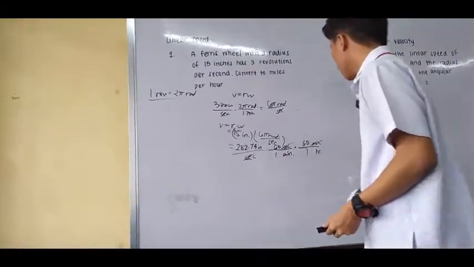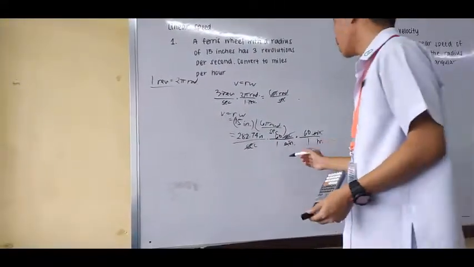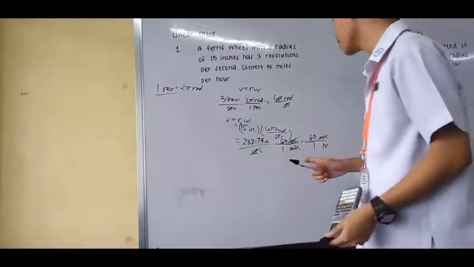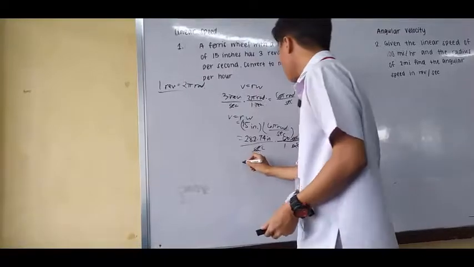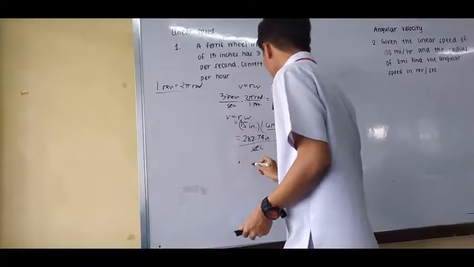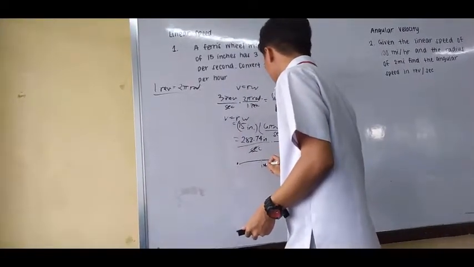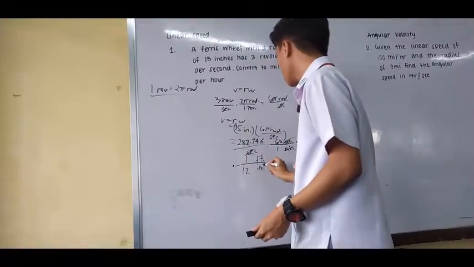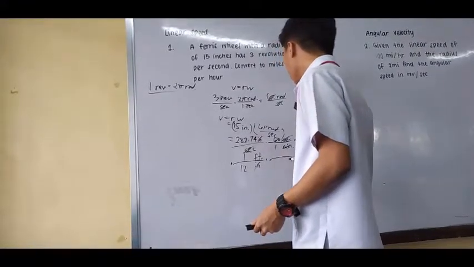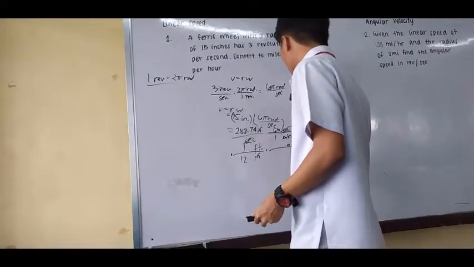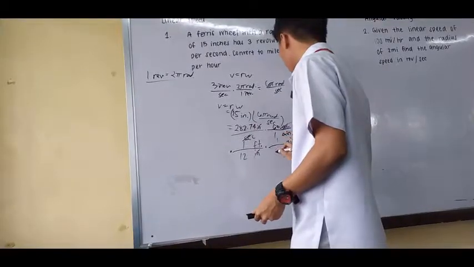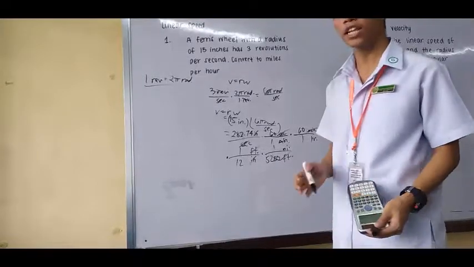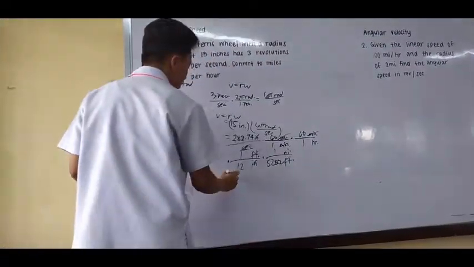As you can see, we arrived now with hour. Now let's convert the unit of measurement. So we multiply this. 1 foot is equivalent to 12 inches, so we can cancel this out now. And finally, into miles. Now we can calculate the final linear velocity.